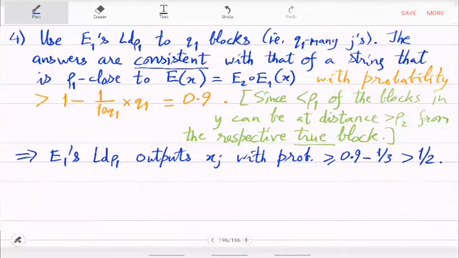Okay. So with probability more than half, you will get xj.